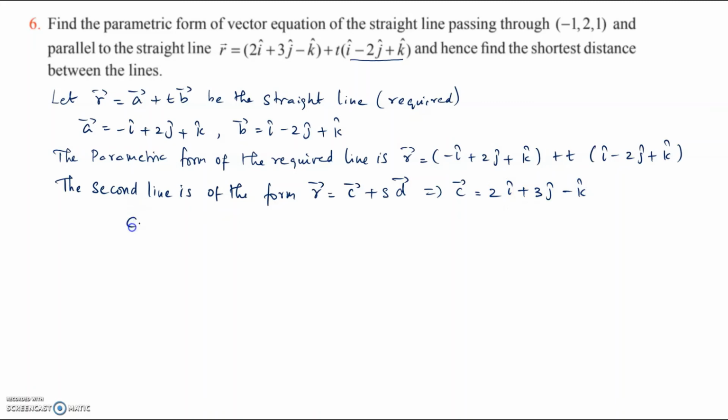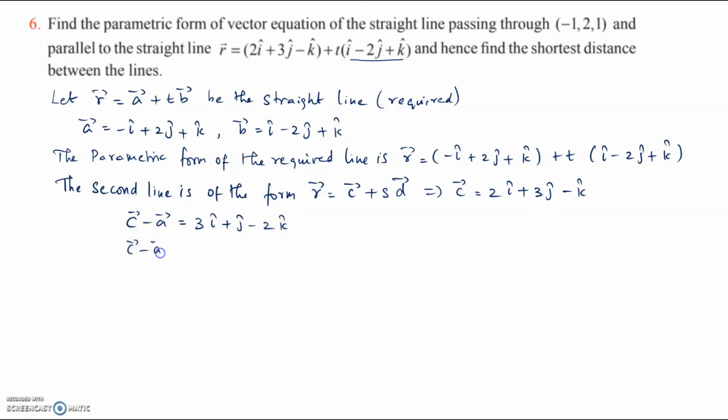So vector c minus vector a is 2 minus of minus 1, so it's plus 1, so it's 3 i cap plus j cap minus 2 k cap.